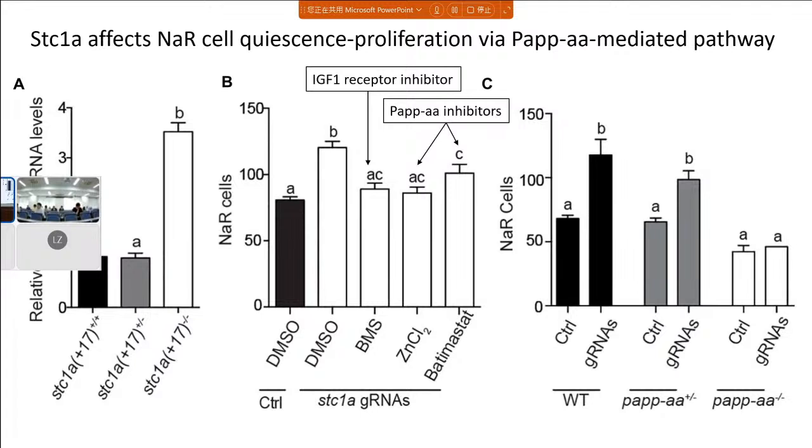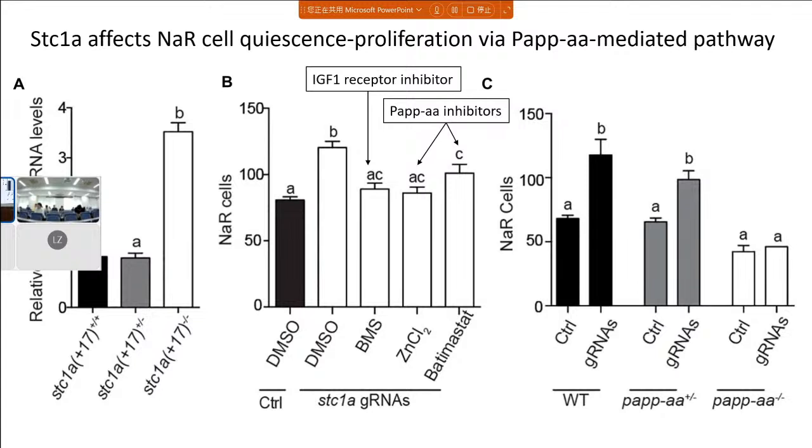And as shown in figure A, we can see that the mRNA level of PAPPAA significantly increased in the STC1A homozygous mutant genotype, and it indicates that STC1A highly correlates with PAPPAA expression.